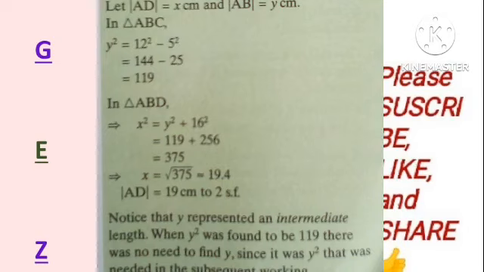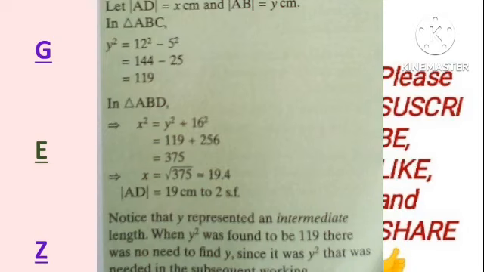Now moving on to triangle ABD, we have X squared equals Y squared plus 16 squared. So X squared equals Y squared, which we found to be 119. So we plug that 119 into the equation and we get 119 plus 256. That's 375. So then therefore X will be the square root of 375. That's 19.4.